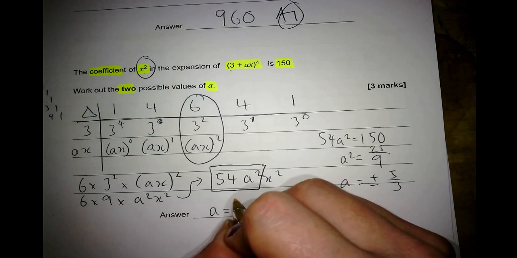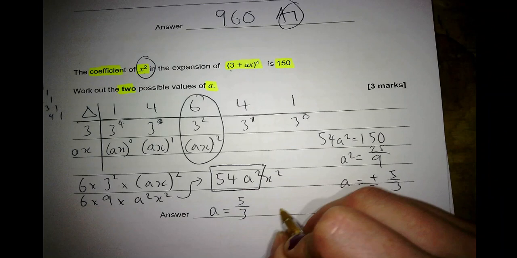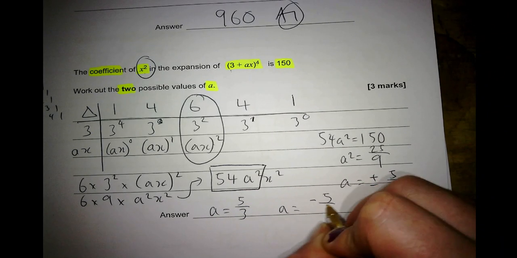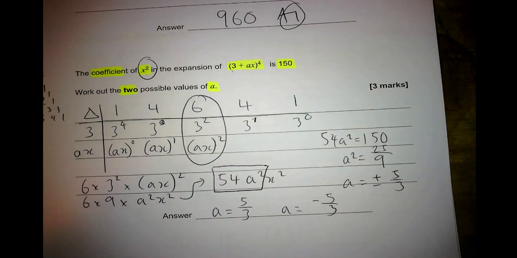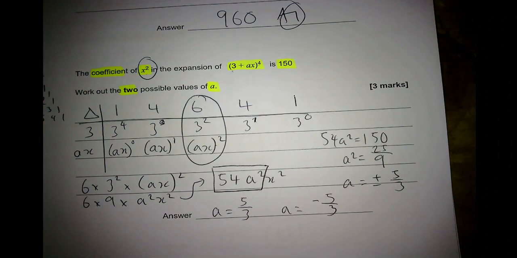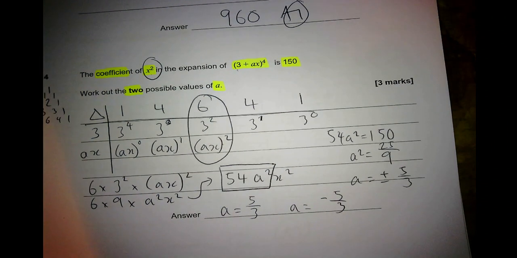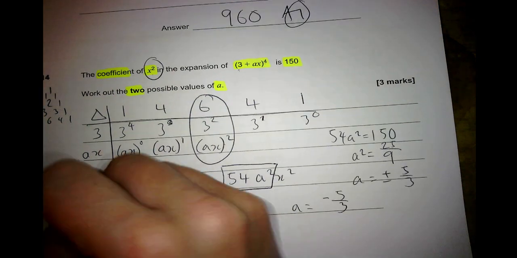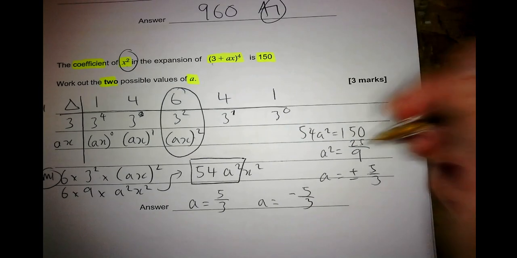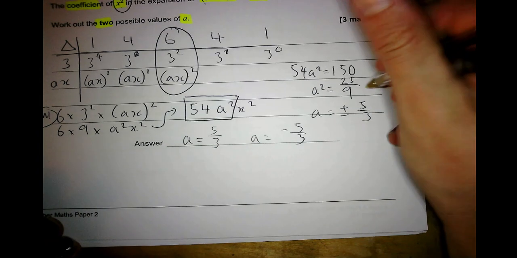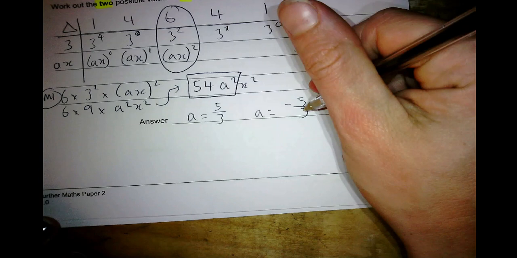So a is 5/3, a is negative 5/3, are my 2 solutions. You would get 1 mark for this line, 6 times 3 squared times ax all squared. 1 mark for equating a squared to 150 over 54, so getting up to this, and then full marks for 5/3 and negative 5/3.